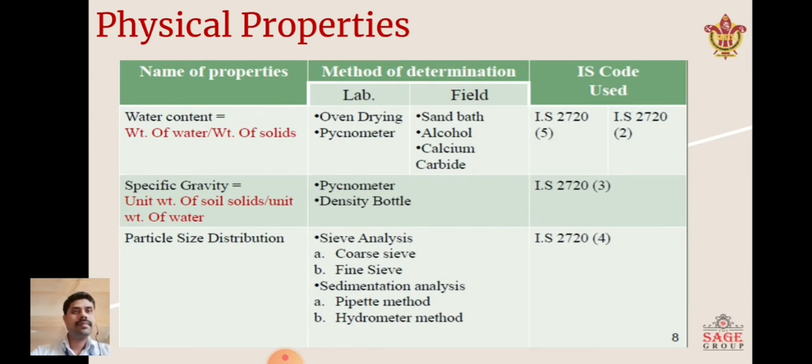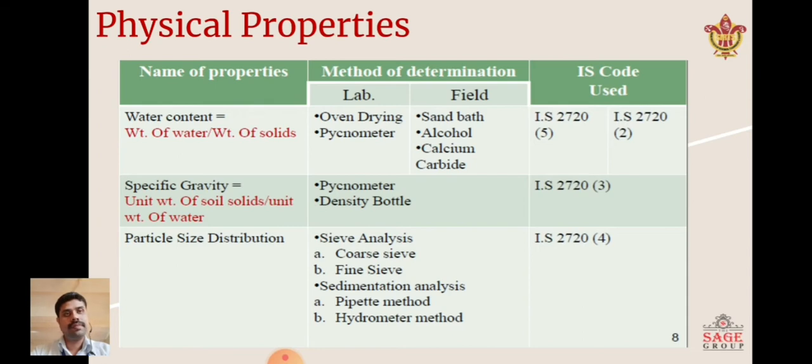As we can see, field tests are also there for determining the water content of soil, and the field tests are sand bath, alcohol, and calcium carbide. So these three experiments are carried out for determination of water content of soil.